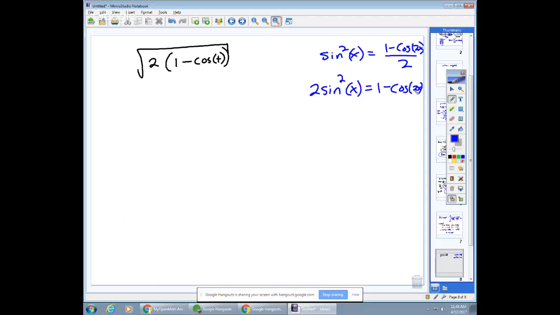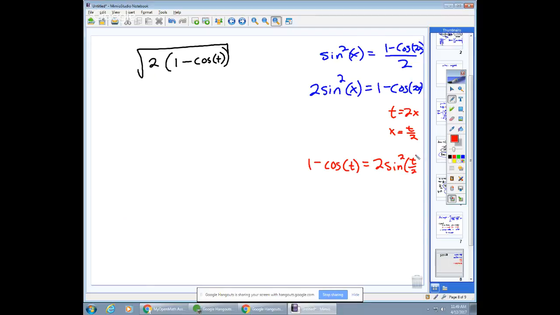So all I have to do is say, let t be 2x. If t is 2x, then x must be t over 2. So then 1 minus the cosine of t must be equal to twice the sine squared of t over 2.